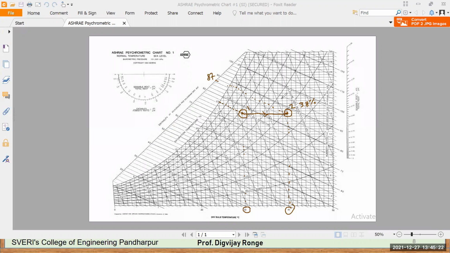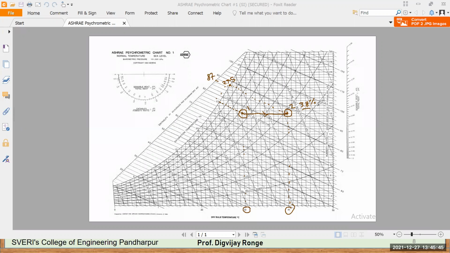And what about the WBT? WBT will be here somewhere, right? So this is 25, this is 26, this is 27. And so this is between 27 and 28. So this will be 27.5. Okay, so that will be the final WBT, and final RH is 38%, right?